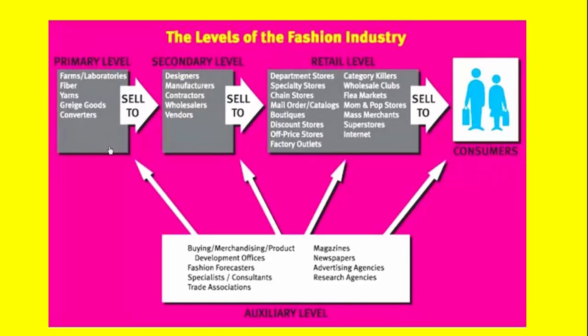Primary level is extremely important because that's where we get all our raw materials that are necessary to create a product, a finished garment. So we get our fabrics, our threads, buttons, zippers, any appliques that will add to the garment from the primary level.